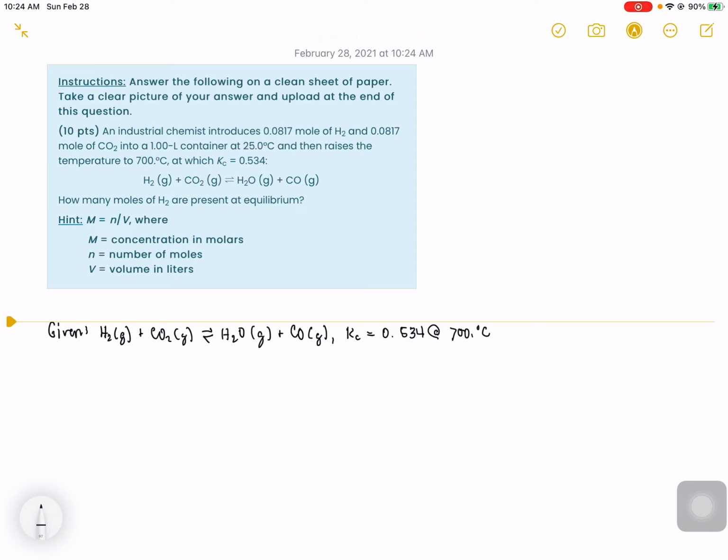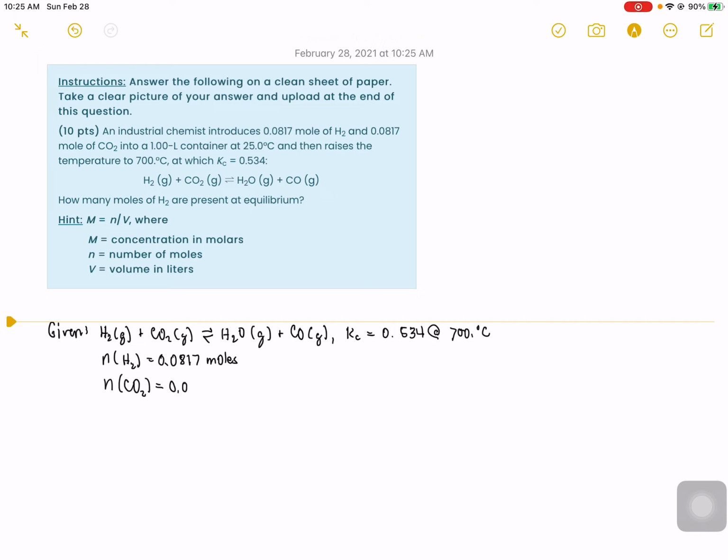And to this particular reaction, we are initially given this number of moles of hydrogen, 0.0817 moles of it. Same with our carbon dioxide as well.